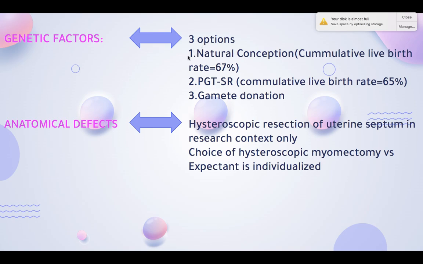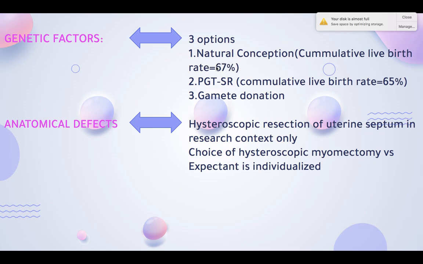We can tell them you can go ahead for natural conception, right? You do not need any treatment. Or they can go for IVF with pre-implantation genetic diagnosis. The cumulative live birth rate is 65% if they go for IVF, and the cumulative live birth rate for natural conception is 67%.